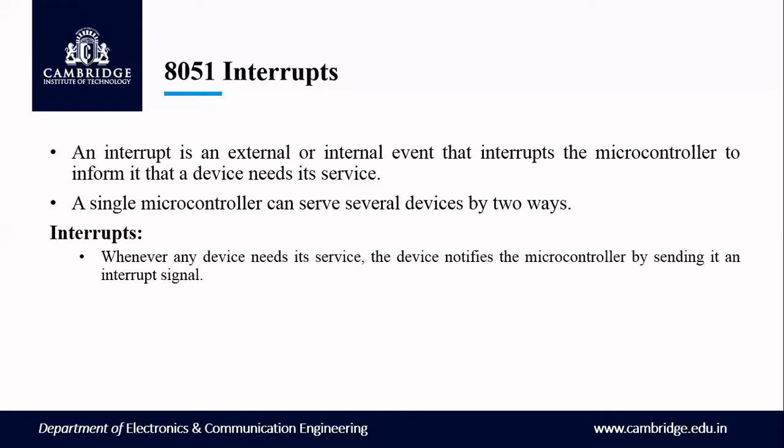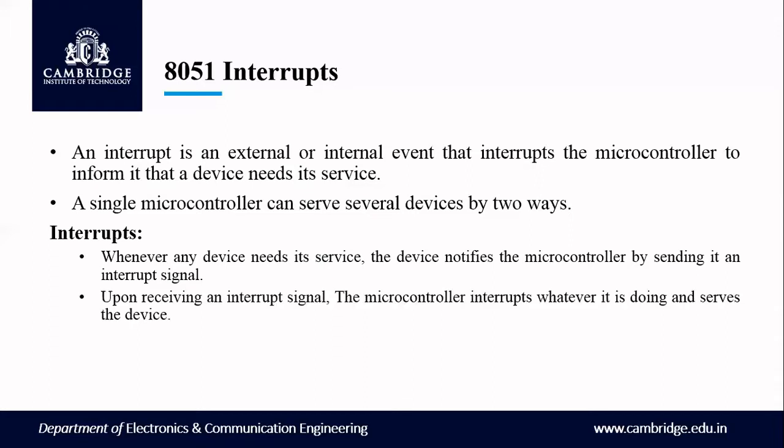With interrupts, whenever a device needs service, the device notifies the microcontroller by sending it an interrupt signal. So it will send one signal to the microcontroller, a task to be done. Upon receiving an interrupt signal, the microcontroller interrupts whatever it is doing and serves the device.